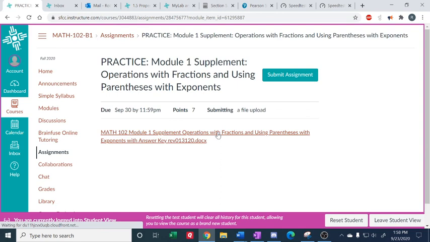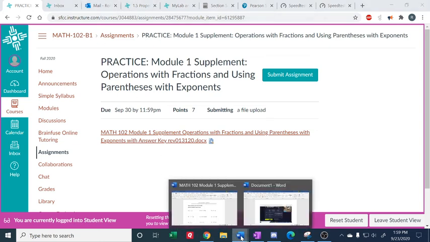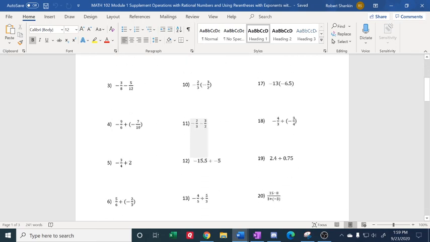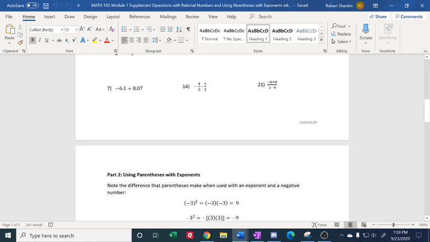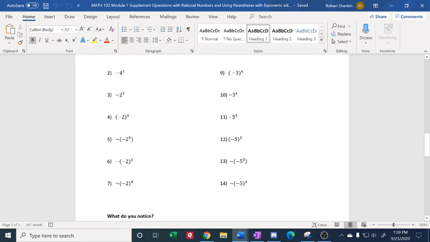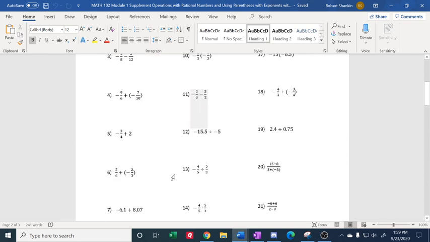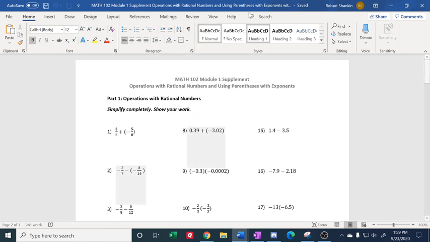And if I click on this, there's the supplement, and I can click on that, and it'll open up this when you click on that, and that's part of the homework. And the answers are in the back so you can check your work. So that's part of the assignment today.